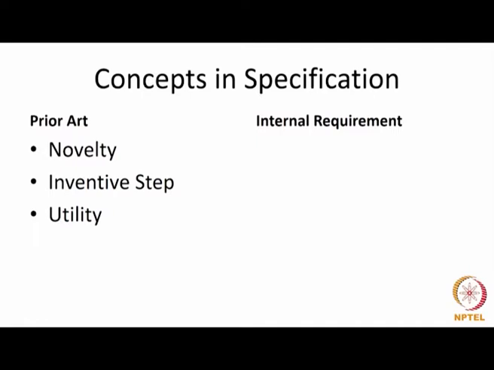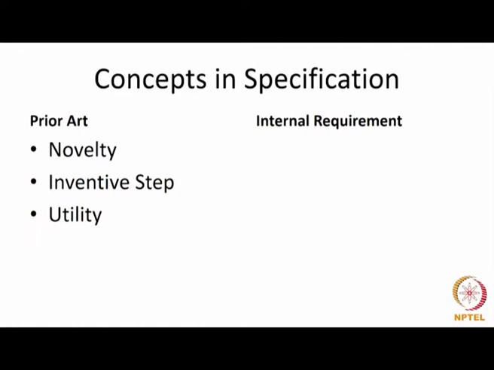Utility. Utility is the fact that the invention is capable of industrial application. The other word for it is utility. Utility is not a comparison with the prior art, but for there to be utility, it has to be understood from the use to which the invention can be put.